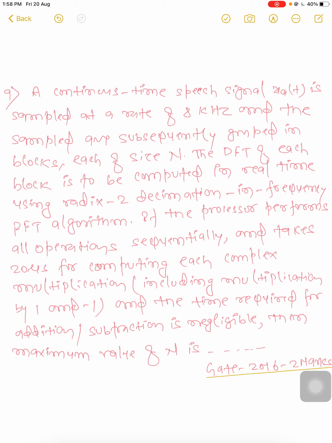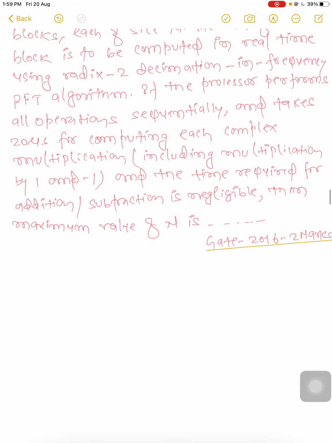If the processor performs all operations sequentially and takes 20 microseconds for computing each complex multiplication, including multiplication by 1 or -1, and the time required for addition and subtraction is negligible, then the maximum value of N is, we have to find out the maximum value of N.